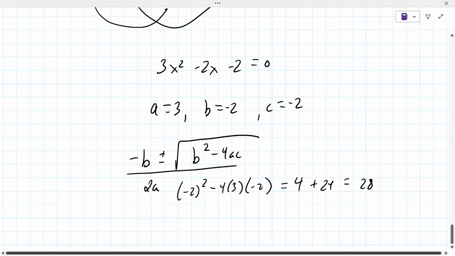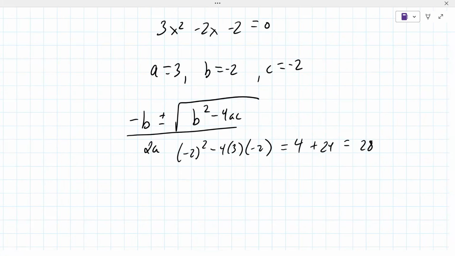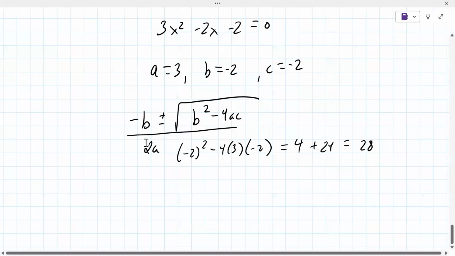Let me try to work that one out. For that one, I got 1 plus or minus square root 7 over 3.